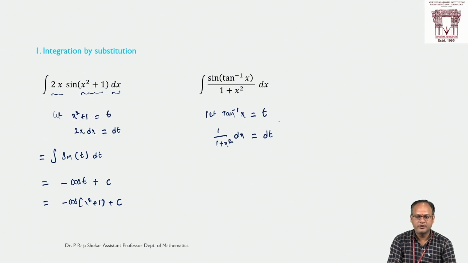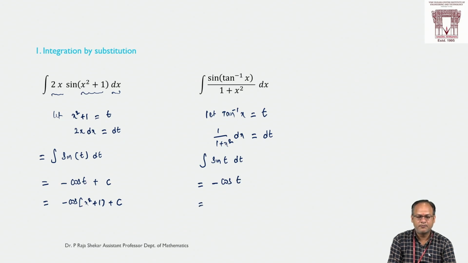Upon substituting these in the given integral, this becomes the integration of sine t dt. We replaced tan inverse x by t and 1 by 1 plus x square dx by dt, so it becomes simply sine t. What is the integration of sine t? It is minus cos t.